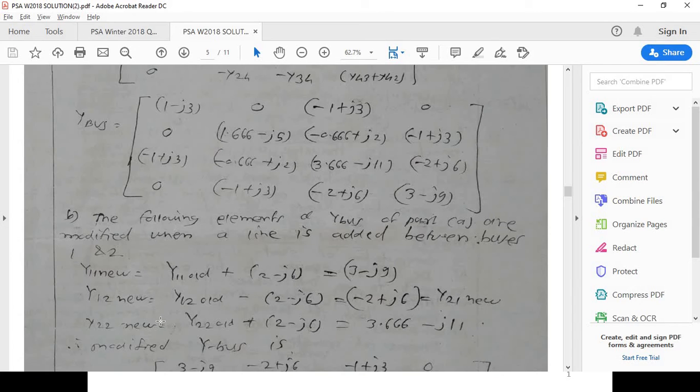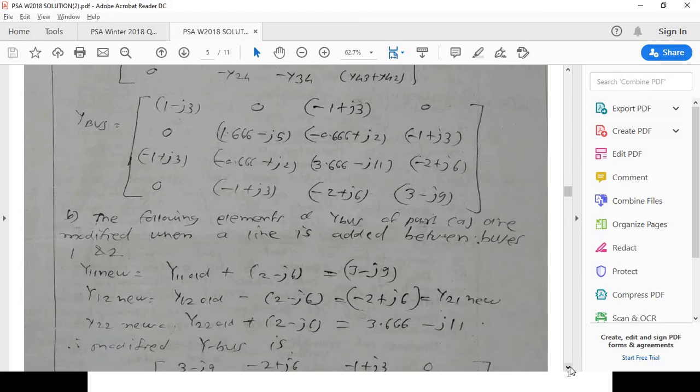Now y22 new is equal to y22 old plus 2 minus j6. So what is the y22 old? The old value of y22 is 1.666 minus j5, plus 2 minus j6. So it will be 3.666 minus j11.